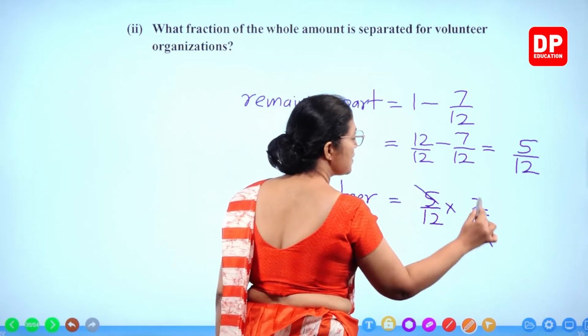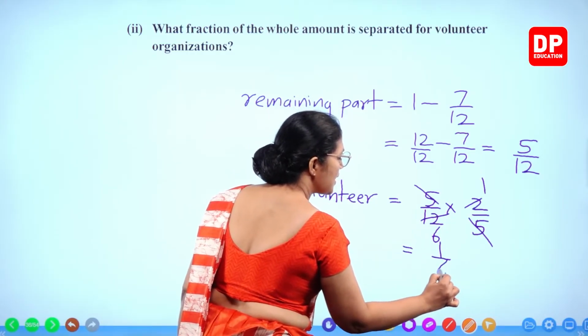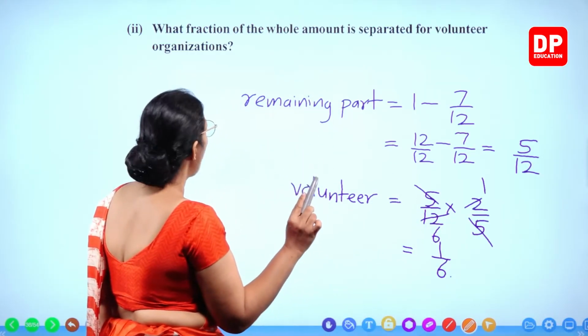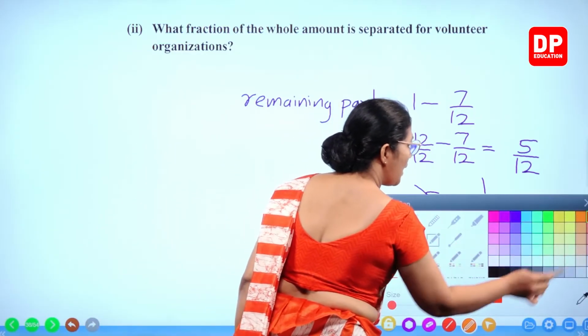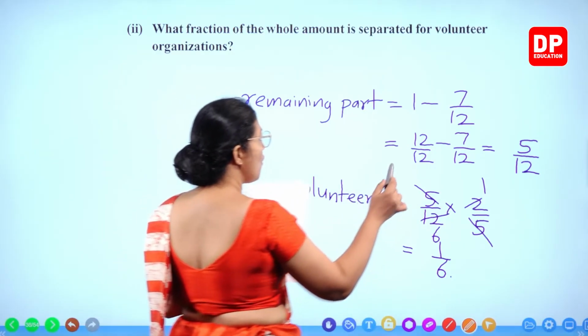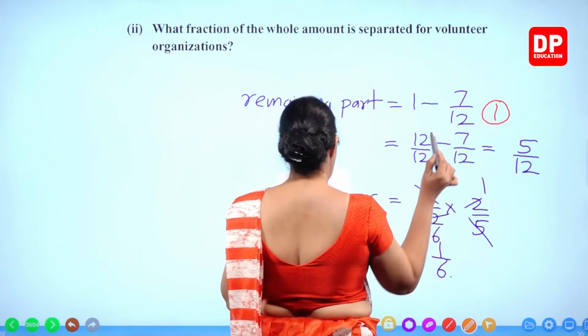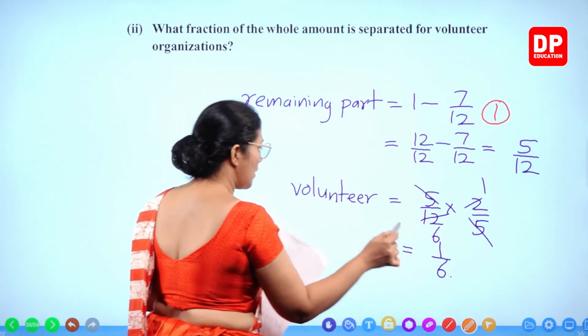So 5 gets cancelled out. 2 times 1, 2 times 6. So that means 1/6 part is used for volunteer organizations. So how many marks for that part? You are getting 1 mark for finding the remaining amount, and then taking 2/5 of that, you get 2 marks.